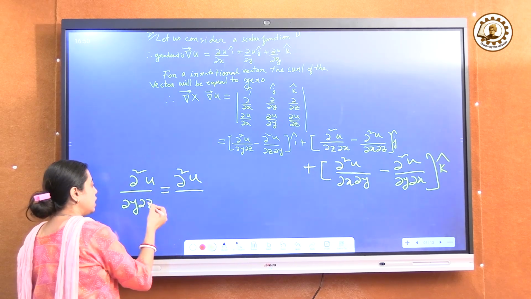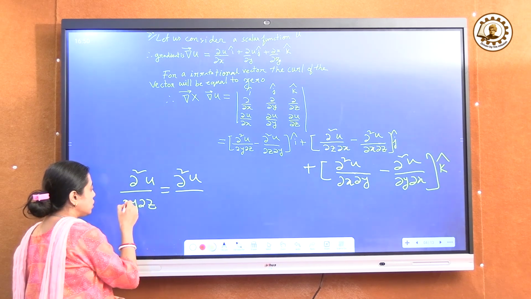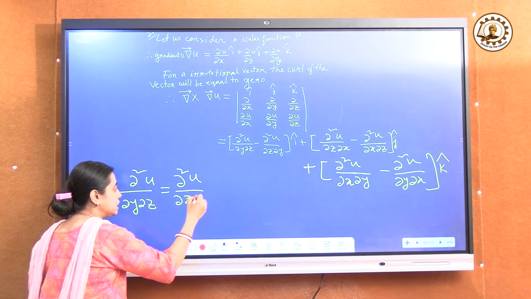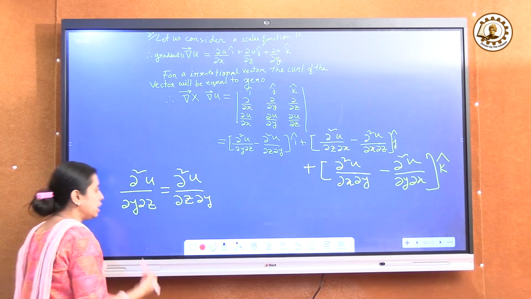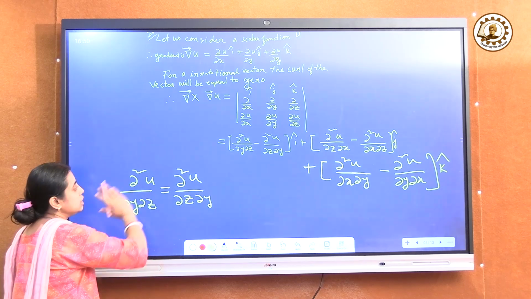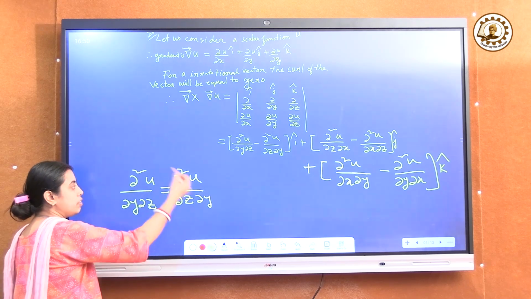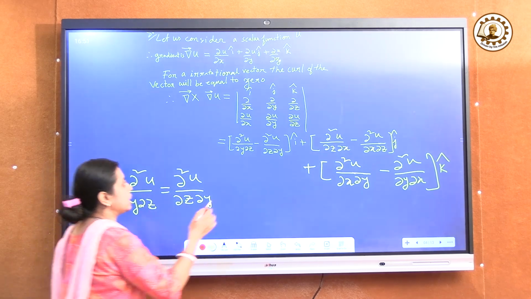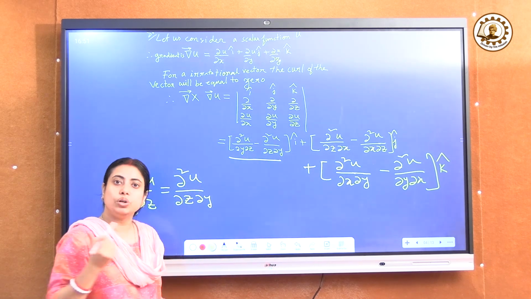Whether I first take the derivative with respect to y then z, or first z then y, this becomes equal. So this minus this equals 0.